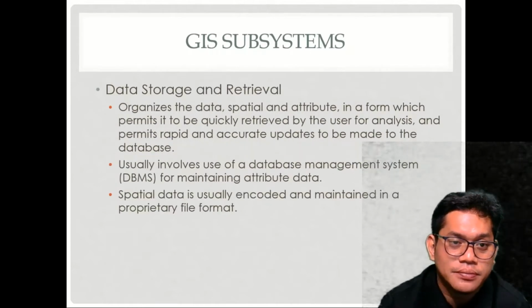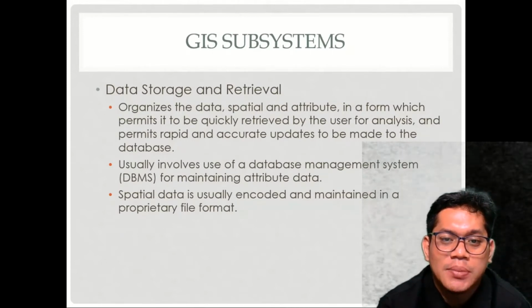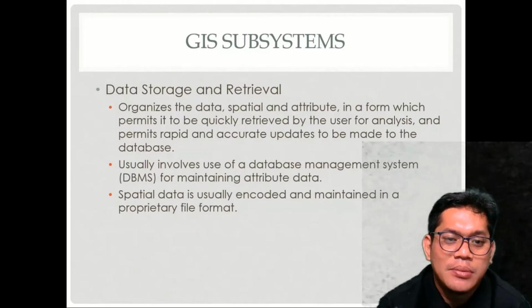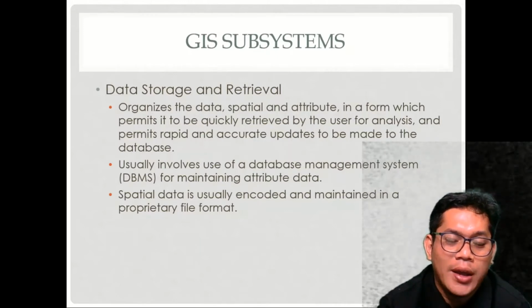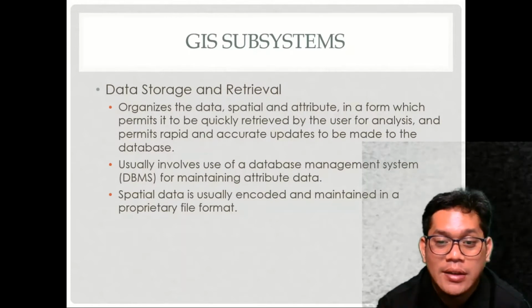For data storage and retrieval, it organizes the data, spatial and attribute, in a form which permits it to be quickly retrieved by the system and permits rapid and accurate updates to be made to the database. The GIS system has its own database management system to maintain the attribute data.